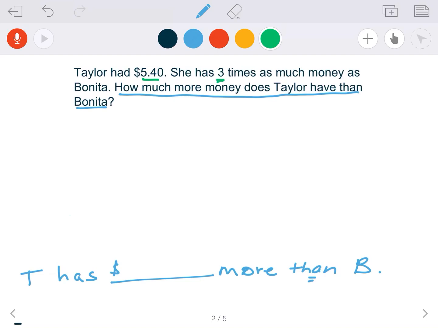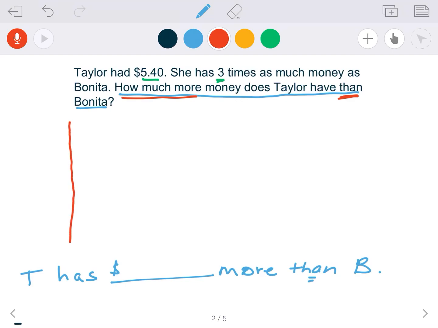So in your brain, you should think, is this a part whole bar model or a comparison bar model? And when you see this word than, like how much more than, that should make some bells go off and you say, ooh, this is definitely comparing 2 things.